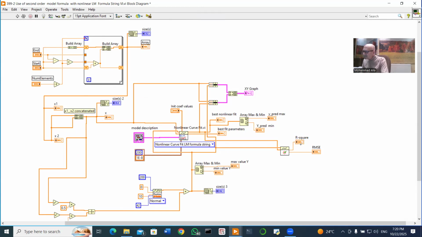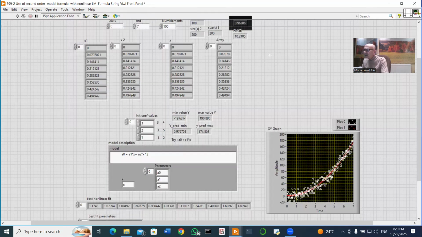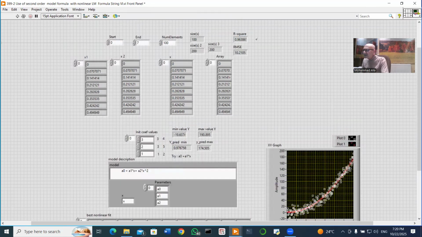Here they are. This is R squared, and as you see, it is very high. And this is the root mean square, 10. The mean square error is about 100.